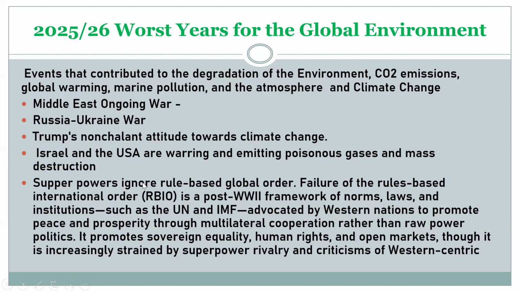The rule-based global order promotes sovereign equality, human rights, and open markets, though it is increasingly strained by superpower rivalry and criticism of being Western-centric. We are now experiencing a Western-centric and ignored rule-based order.